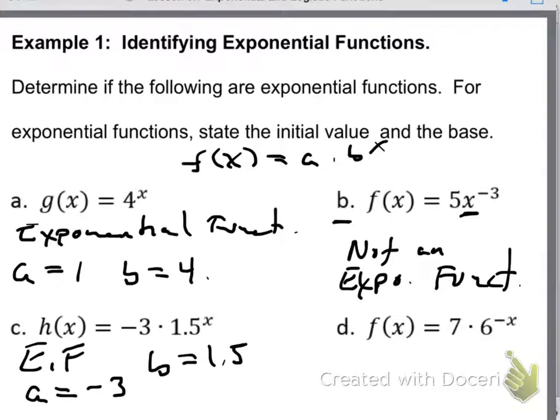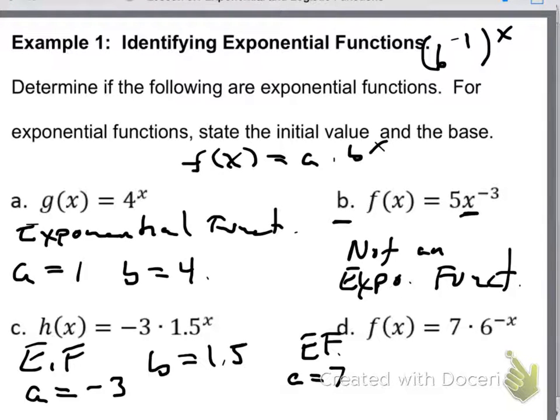And then this last one is a little bit trickier. We have f of x equals 7 times 6 raised to the negative x. So this is going to be an exponential function. My a is going to equal 7. Now my b: I have 6 raised to the negative x, so I can rewrite this as 6 raised to the negative first power, raised to the x.